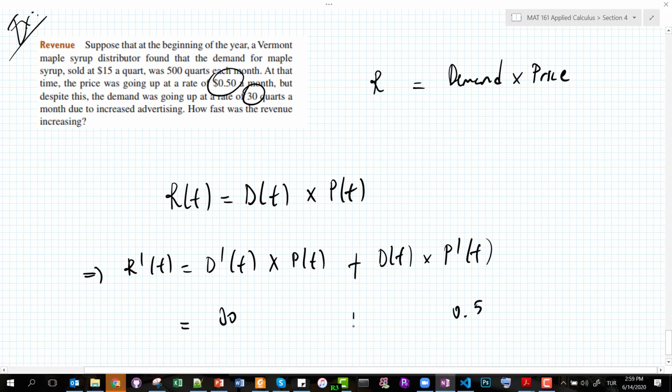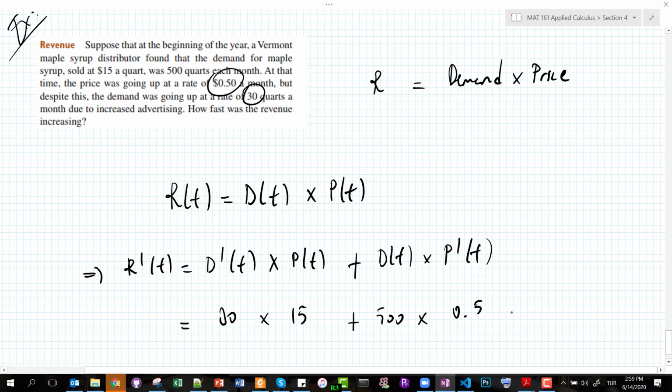I need some values for the price and demand functions. I know the price was equal to $15, and it didn't change. And the demand, for the $15, was 500 quarts.